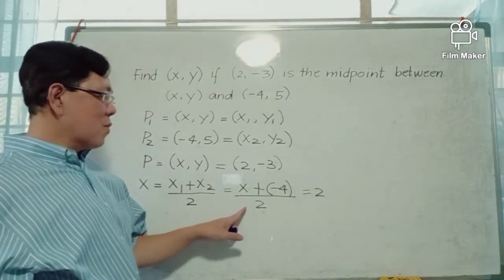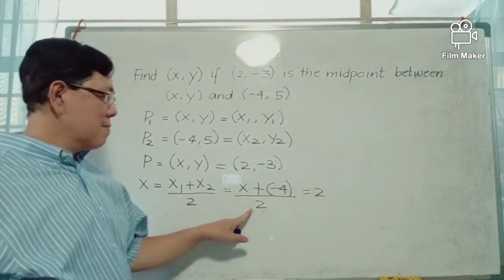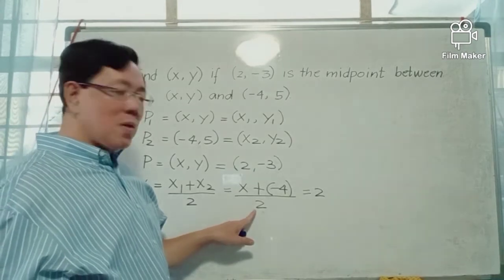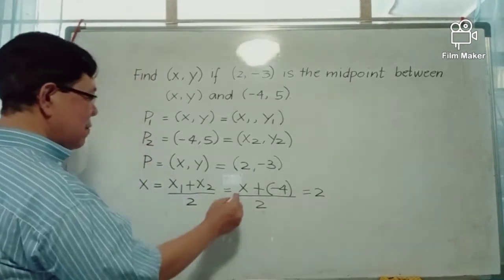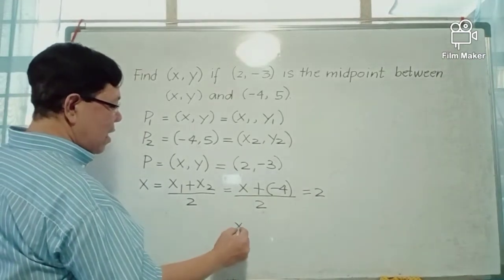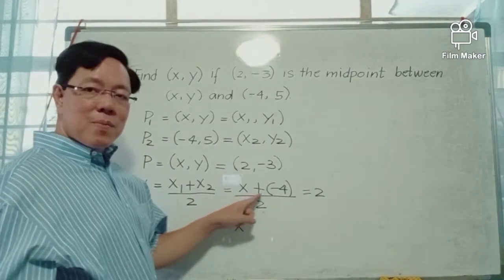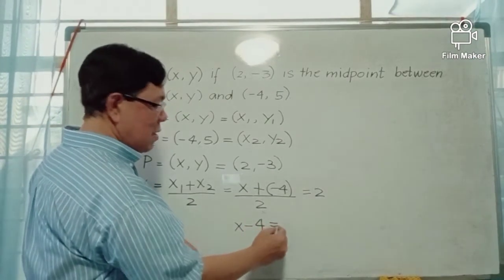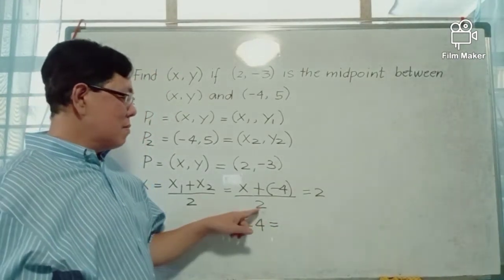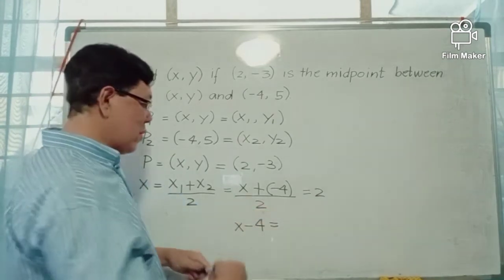And from this equation, we solve for x. Multiply both sides by 2 or cross multiply 2 by 2. From the left, we get x positive times negative 4 is negative 4 equals multiply 2 by 2, 4.